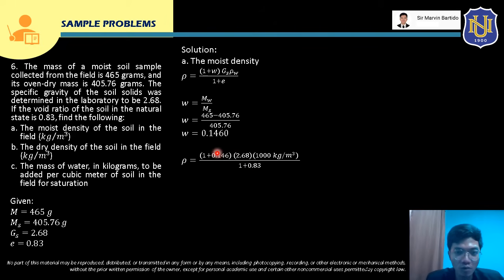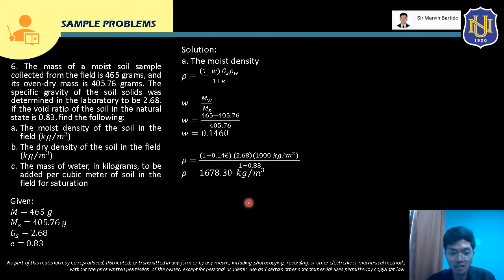Yung 0.146, yung water content, unitless naman yan. 2.68, unitless din yan, yung specific gravity. Yung void ratio, unitless din naman yan. So okay lang kahit na ito na mismo yung 1,000 kg per meter cube. So yung magiging sagot natin dito, class, ay kilogram per meter cube. So solving for this, class, the moist density, therefore, is 1,678.30 kilogram per meter cube.